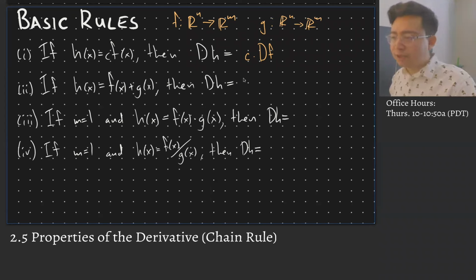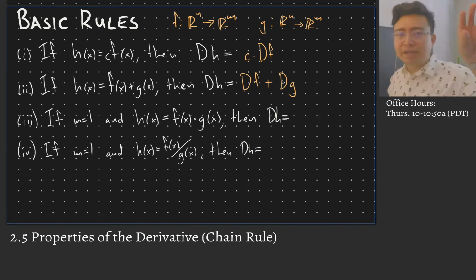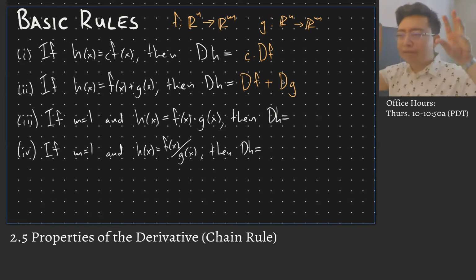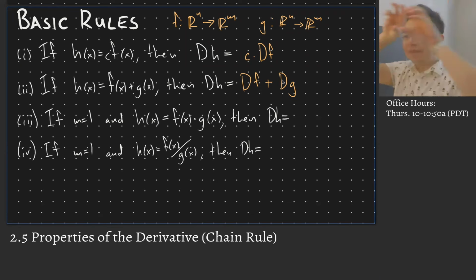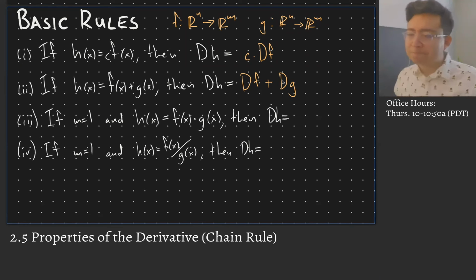This is just the sum of the matrices of partial derivatives. You might be thinking, how do I add matrices together? All that means is that you add each of the components. If you have two matrices of the same size, you take first row, first column and add those together, second row, first column, add those together, and so on. You add all of the entries together, and you get this new matrix of the same size.